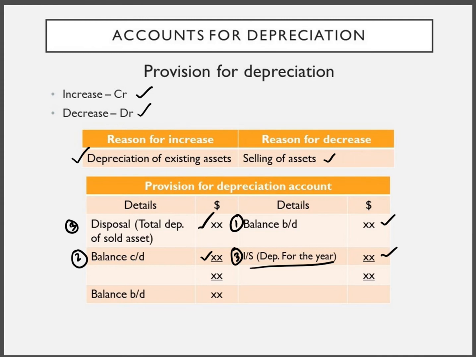Then we need to balance off the figure, and we will get the balance c/d. And please don't forget to enter the balance c/d as balance b/d on the credit side of the provision for depreciation account.